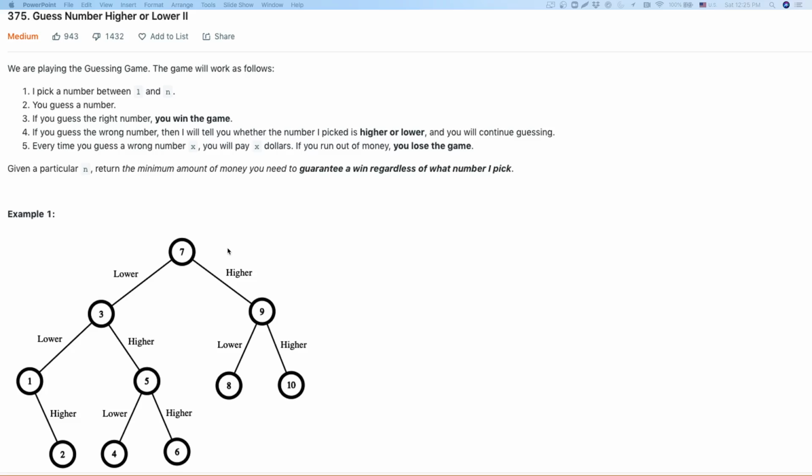This is actually the second problem in the sequence, and there's another problem, guess number higher or lower 1, and that one's static. So we're given a number, for example the number is 1000, so you take a guess. For example the particular number is 800, so you guess 500, and the API will tell you, oh, the number you're guessing is lower, so pick a higher number.